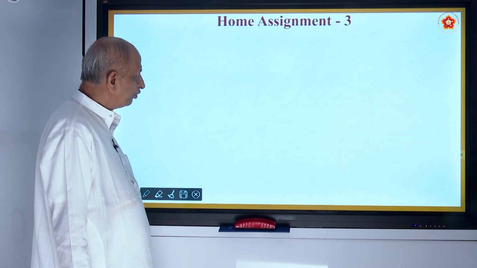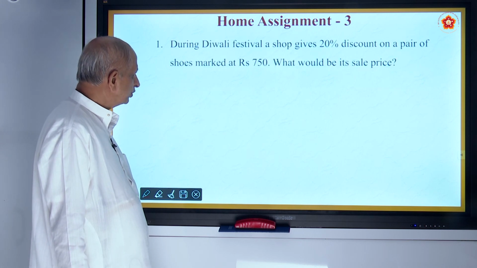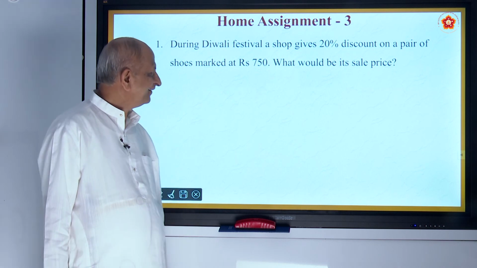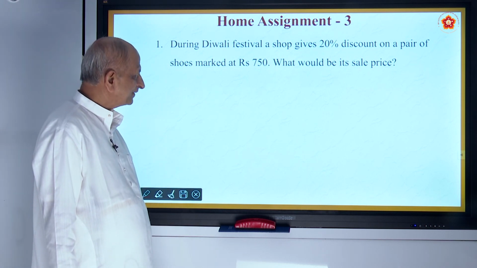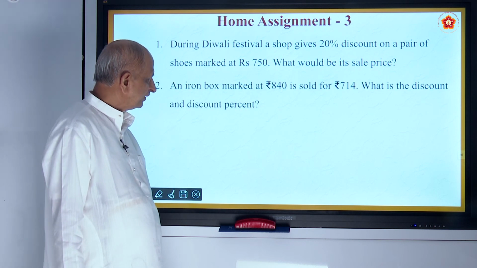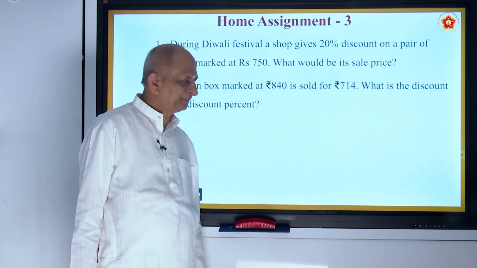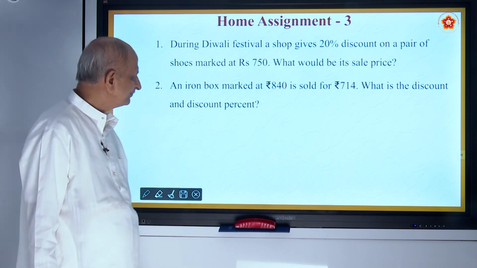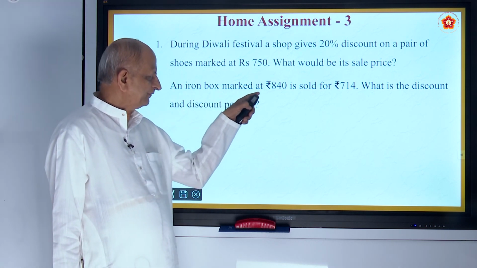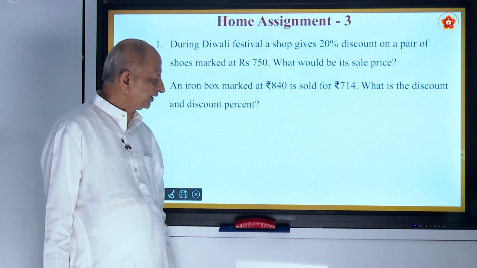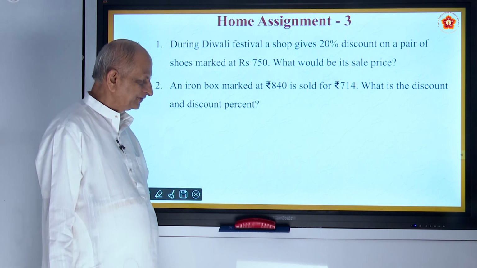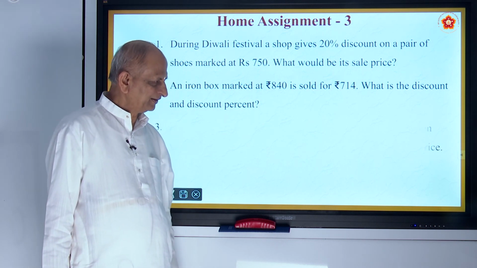Now we'll pass on to home assignment. During Diwali festival, Diwali means Deepavali, a shop gives 20% discount on a pair of shoes marked at rupees 750. What would be the selling price? Second question, an iron box marked at rupees 840 is sold for rupees 714. What is the discount and discount percentage? You come prepared for that.